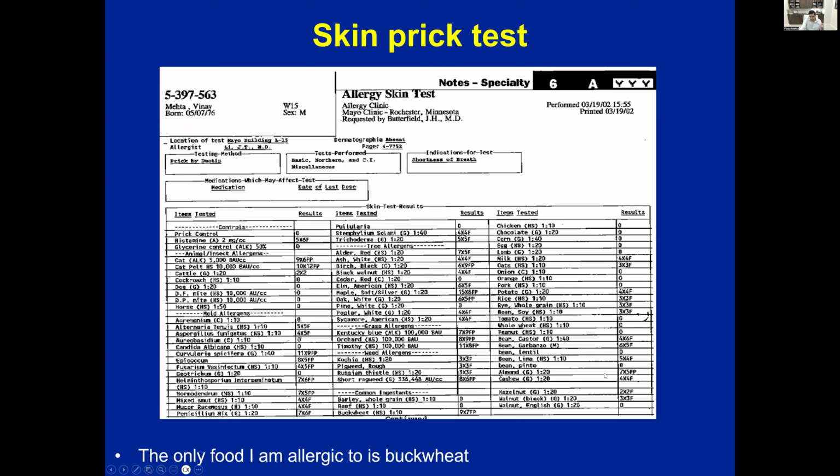Just because my skin test to almond is positive doesn't mean anything. All it means is that I'm sensitized. Yes, I have IgE antibodies to almond, but it doesn't mean I'm allergic to almond.